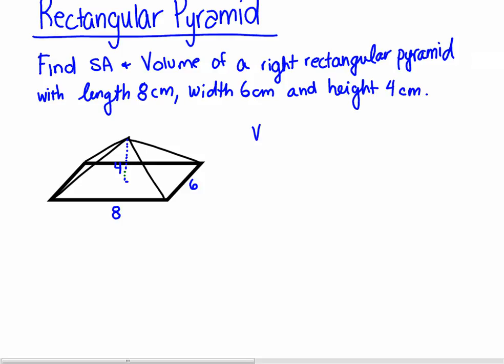What's the formula for volume of a rectangular pyramid on your formula sheet? One-third length times width times height. Volume is easy. Go ahead and find the volume. It's surface area that's going to be awesome.